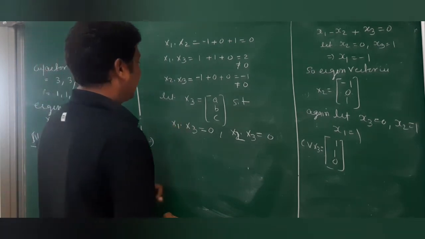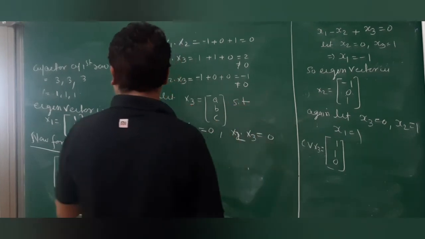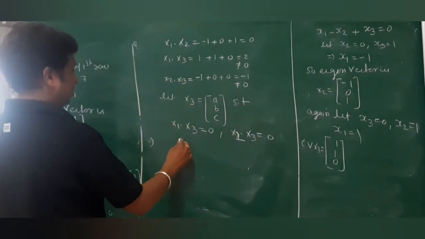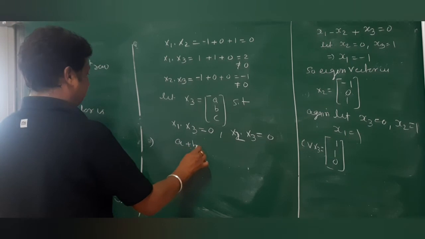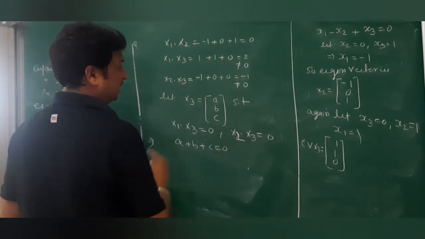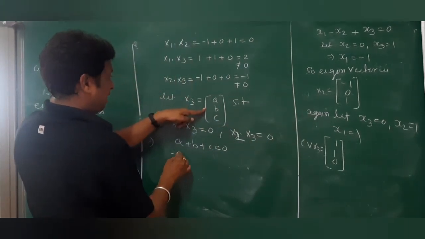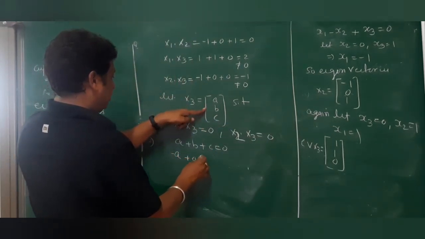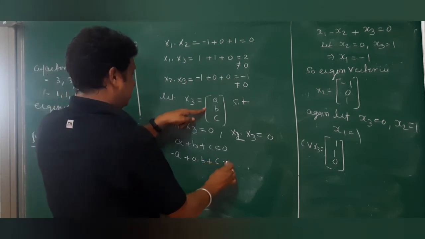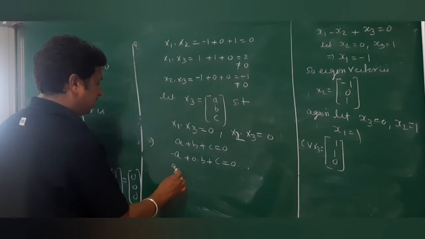So x1 dot x3, what is the equation? A plus B plus C is equal to 0. And when x2 dot x3 is 0, then what do we get? Minus A plus 0B plus C is equal to 0. Solve these two equations using the cross multiplication method.